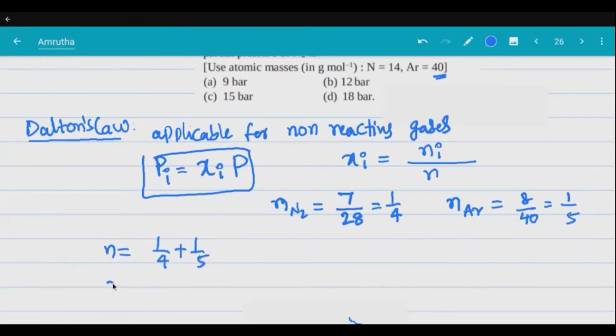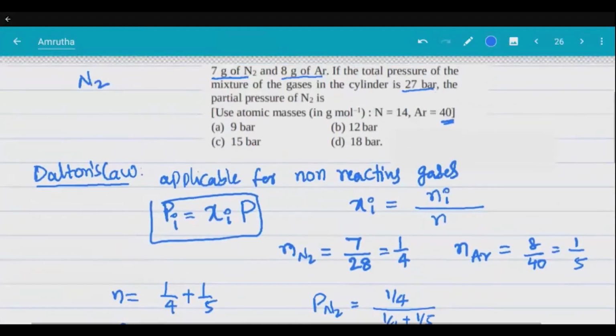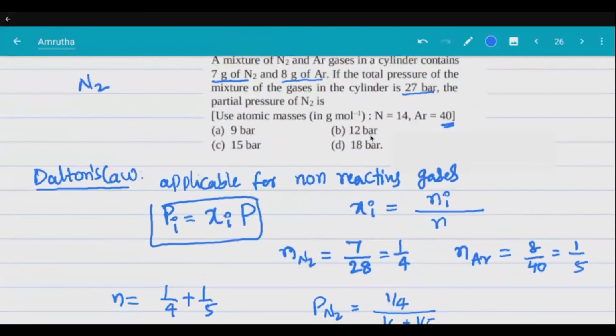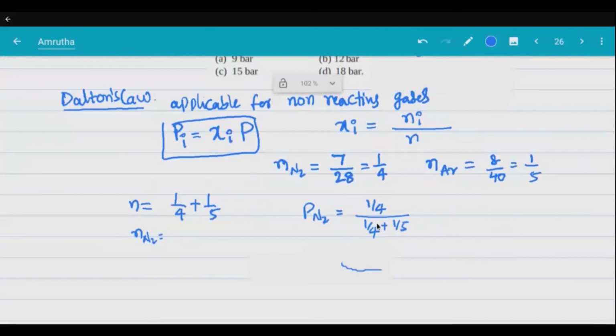Now the number of moles of nitrogen we already know, 1 by 4. So what is the partial pressure of nitrogen? Mole fraction: 1 by 4 moles of nitrogen by 1 by 4 plus 1 by 5, into total pressure. What is the total pressure? 27 bar.